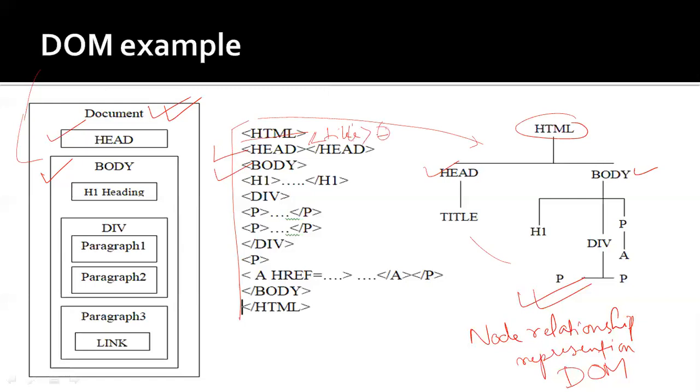Text is also represented as a node. We can write some text here also, which can be treated as a node. So we can say that title is the child of the head node and the head node is the parent of the title node, or we can say HTML is the parent of head and body.